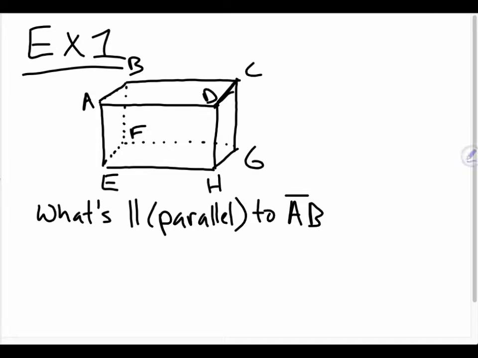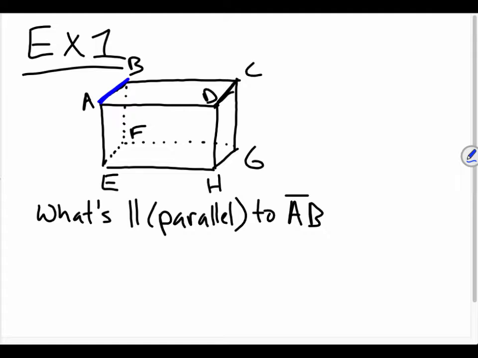And so AB is from here to here. So now that means we got to bounce back and define what is parallel. Well, parallel means that it does not intersect and is coplanar.